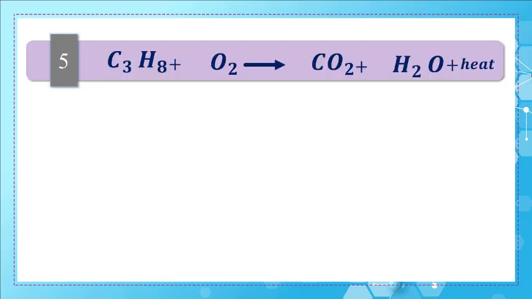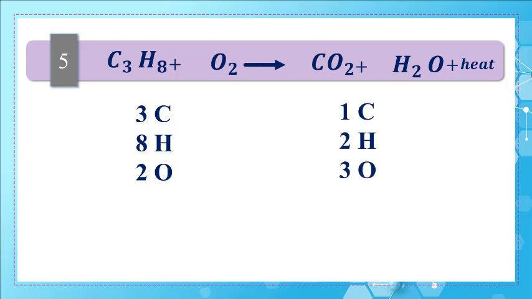The fifth equation is C3H8 plus O2 gives CO2 plus H2O plus heat. In the reactants we have 3 carbon atoms, 8 hydrogen atoms, and 2 oxygen atoms. In the products we have 1 carbon atom, 2 hydrogen atoms, and 3 oxygen atoms.